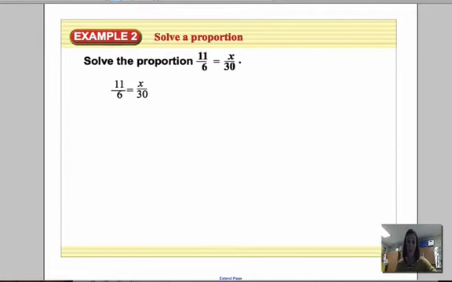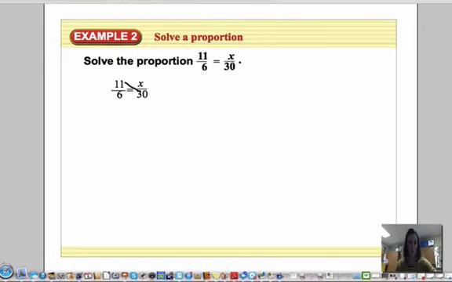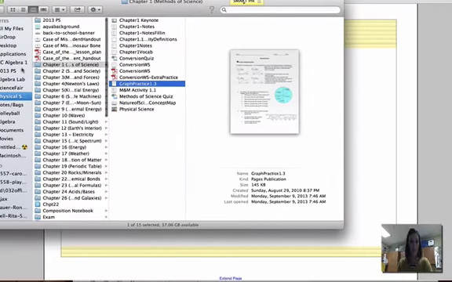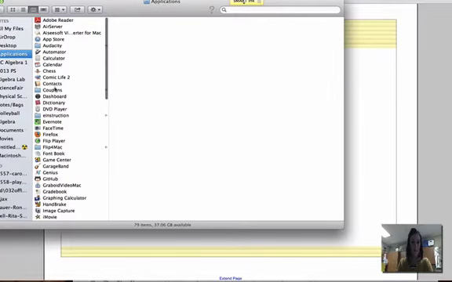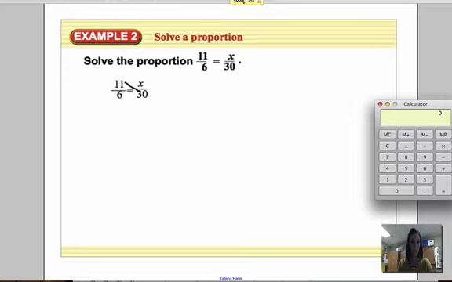Solving a proportion, you guys have probably done it before. You probably learned that you can cross multiply and divide. So for this particular problem, we're going to go ahead and just do that. 11 times 30, and then divide by 6. Let me pull up my calculator. Times 30 is 330.